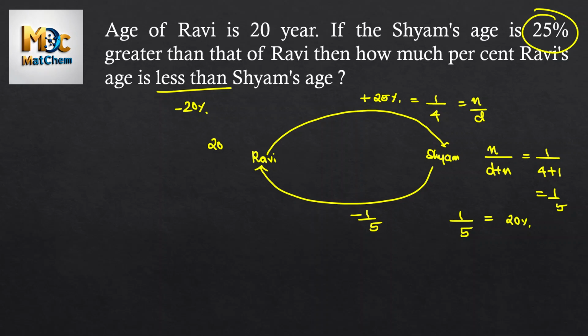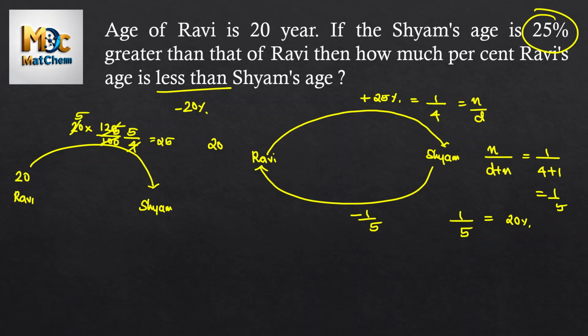We can cross-check the solution once again. They are telling that Ravi's age is 20. Shyam's age is 25 percentage greater, so it is 20 into 125 divided by 100. If you simplify it, it becomes 5 divided by 4 times 20, the 5 cancels, and you get 25.